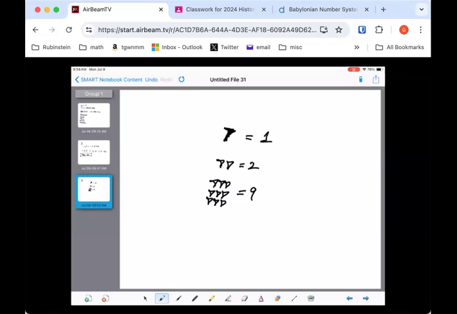Now, to write the number 10, they would take one of these wedges and make it diagonal. And if they wanted to make a number like 37, they could take 3 of these diagonal wedges. I'll make those a little more obviously diagonal.